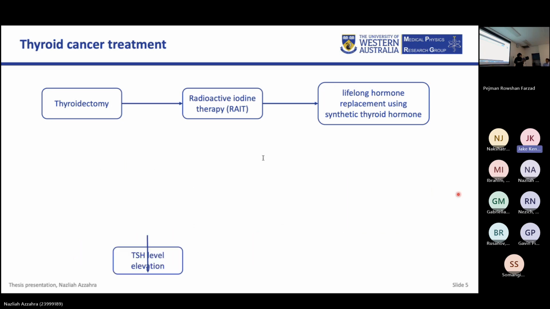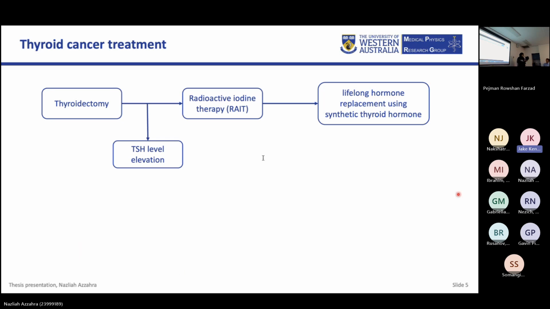Before the radioactive therapy, usually we have to elevate the thyroid stimulating hormone or TSH level, so that the body will think that it is low in thyroid hormone. This is usually done by two different methods. The first one is stopping thyroid hormone pills for about 2 to 6 weeks, and the second one is injecting synthetic thyroid stimulating hormone.